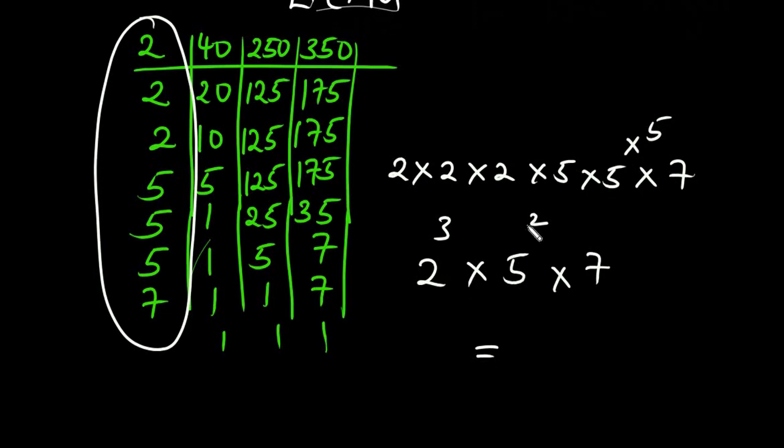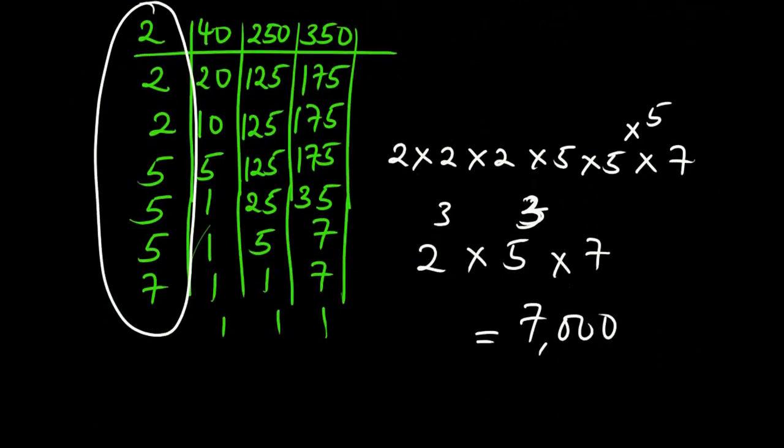So this should be 5 to the power of 3. So when you work out these, it's going to be 7,000, and since we were dealing with mass, the units should be in grams, as we are required to do.